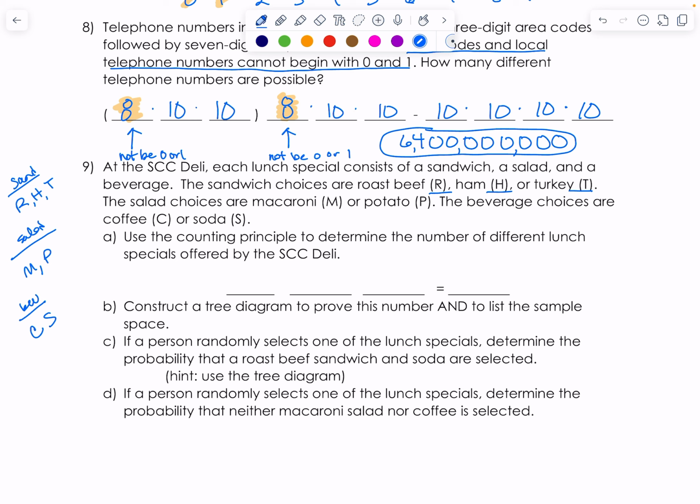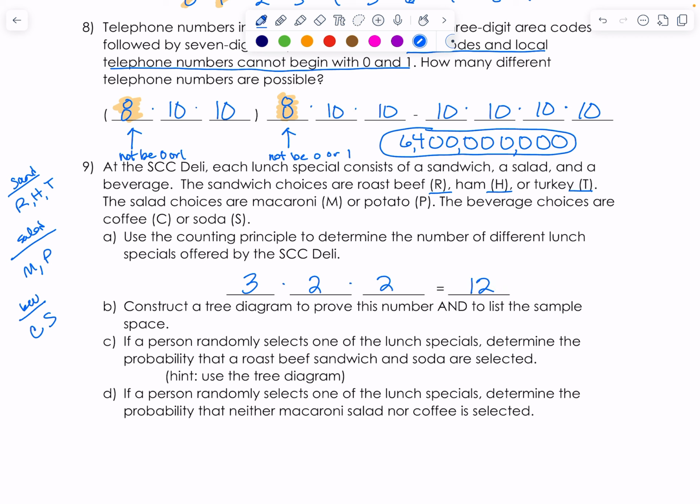So how many sandwich choices do we have? 3 sandwich choices. And we had 2 salad choices. And we had 2 beverage choices. So when I multiply those together, I should get 12.